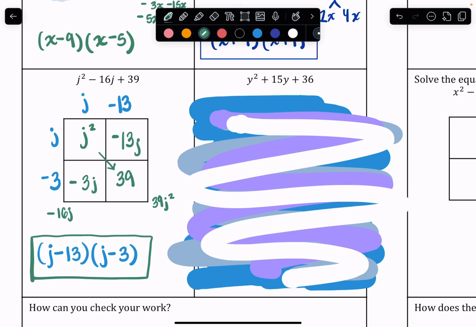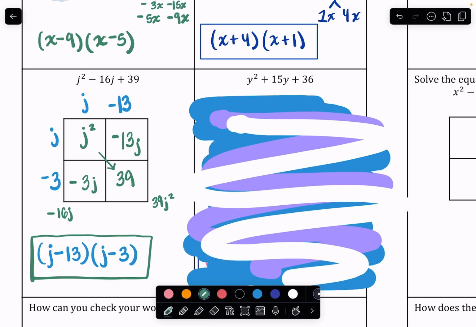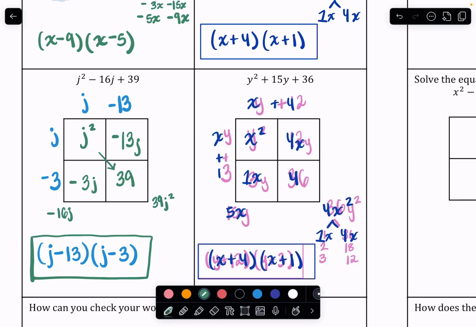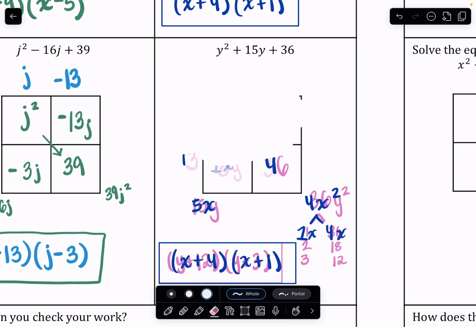Okay, please pause the video and work on this next example. We have y squared plus 15y plus 36. Okay, sorry, it looks like I copied it on top.